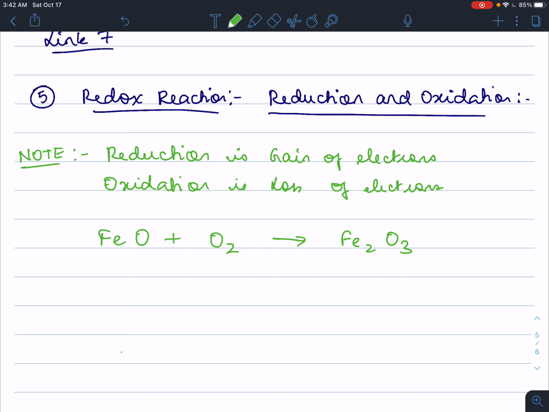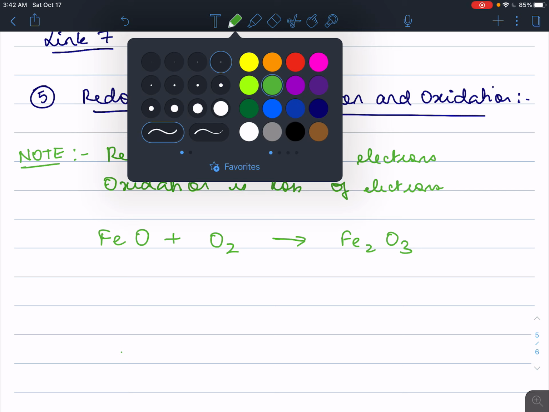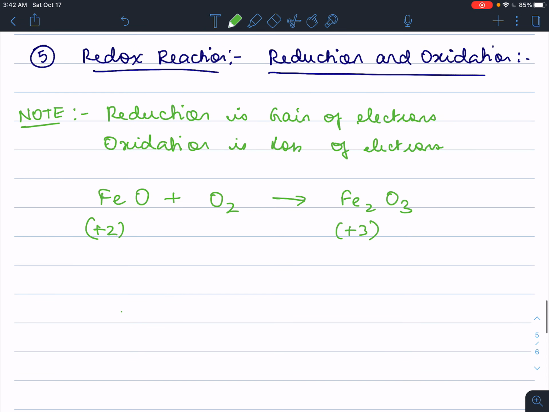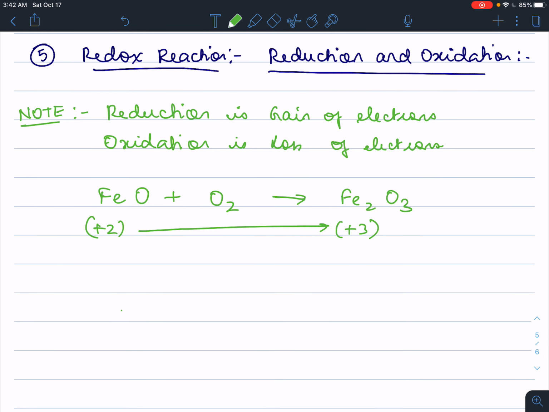Oxygen is always 2 minus, so iron is 2 plus here. But over here, iron is 3 plus. So what has happened is iron has lost 1 electron. Now if a single electron is lost, loss of electron is oxidation. So this is an oxidation reaction.